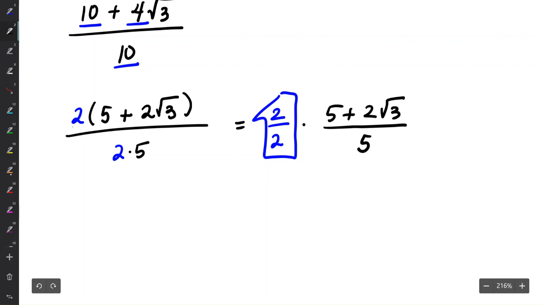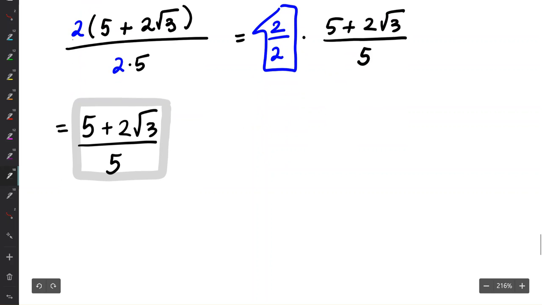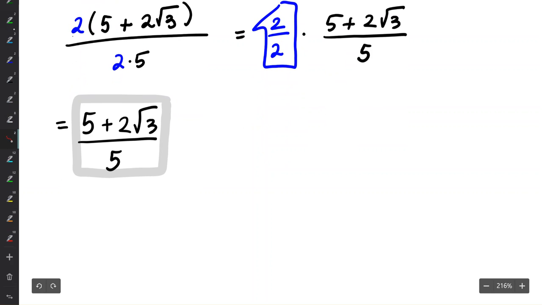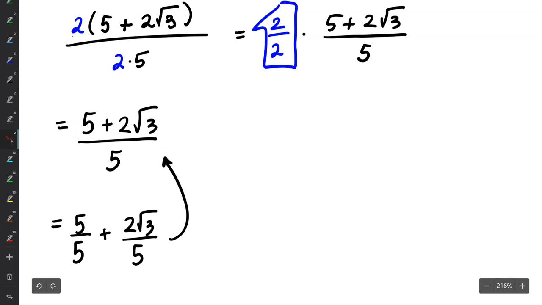And this seems like a nice enough place to stop, if we're wanting to write it as one fraction. But I also, remember DD, division by my denominator, this is also 5/5 plus 2 root 3 over 5, right? If I went back in this direction, my denominators are the same, so what do I add?